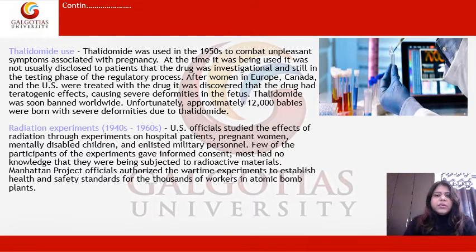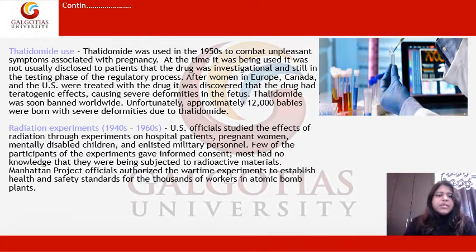After women in Europe, Canada, and the US were treated with the drug, it was discovered that the drug had a teratogenic effect, causing severe deformities in the fetus. Thalidomide was soon banned worldwide. Unfortunately, approximately 12,000 babies were born with severe deformities due to thalidomide.